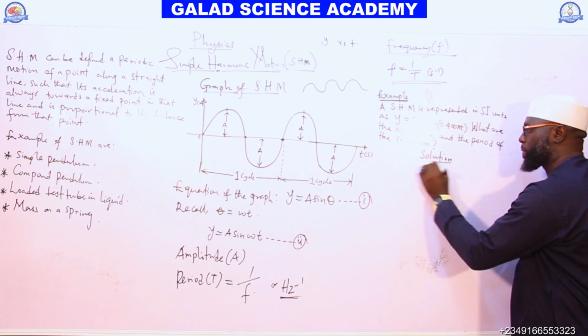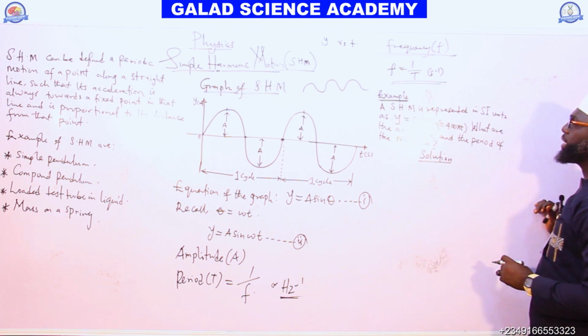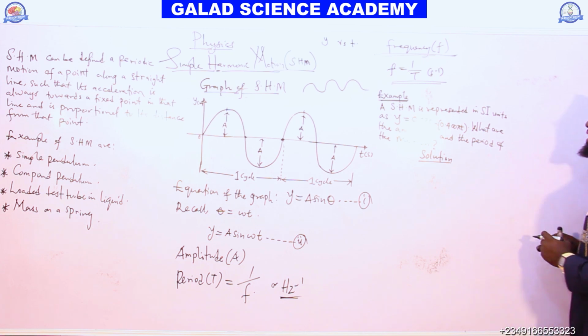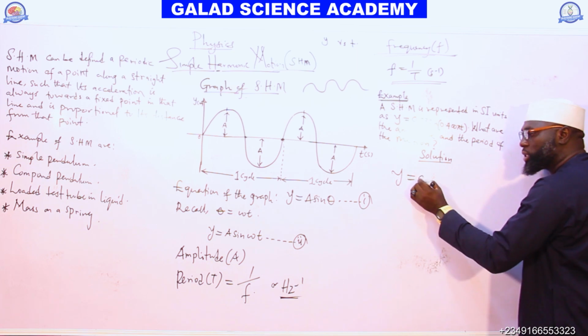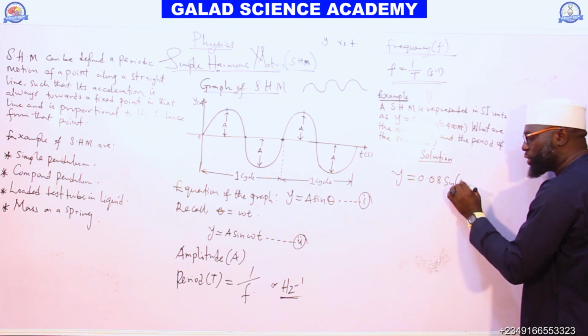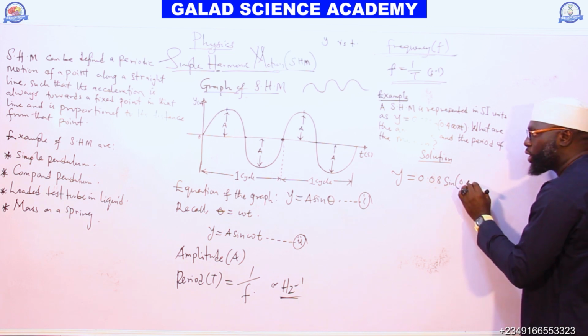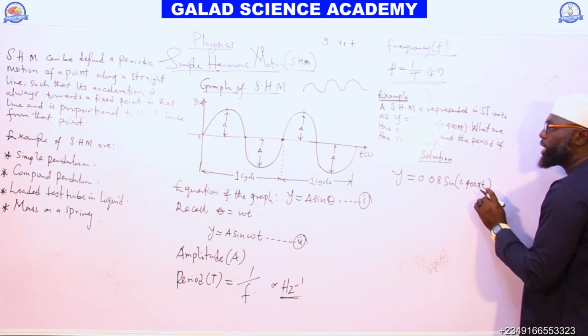Solution. You have a simple harmonic motion represented in SI units as y equal to 0.08 sine of 0.400 pi t.